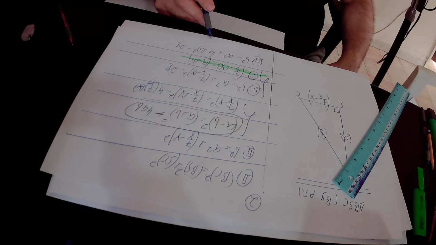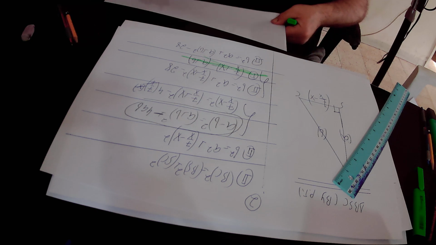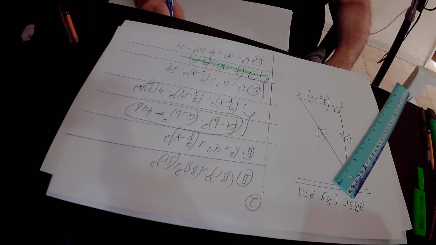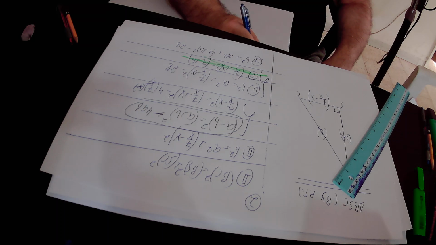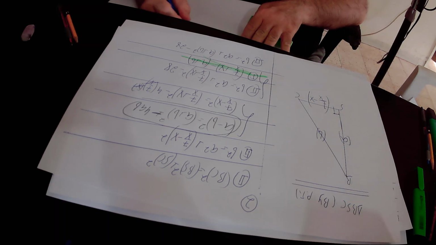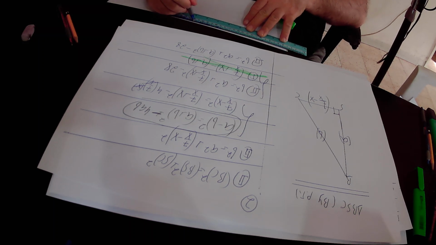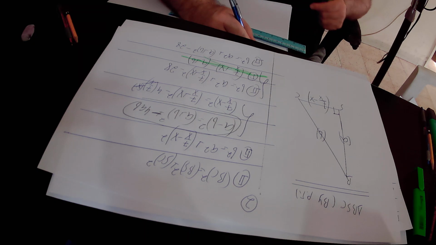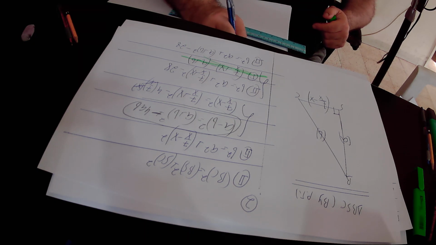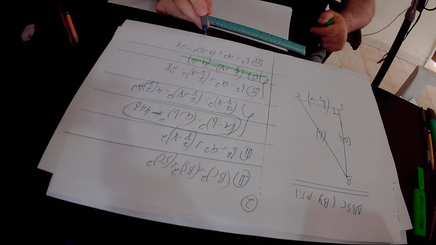Here we will open the brackets in this expression, and we get that according to equation 2, B squared equals A squared plus A plus B squared, which equals A squared plus B squared plus 2 times A times B, minus 28.